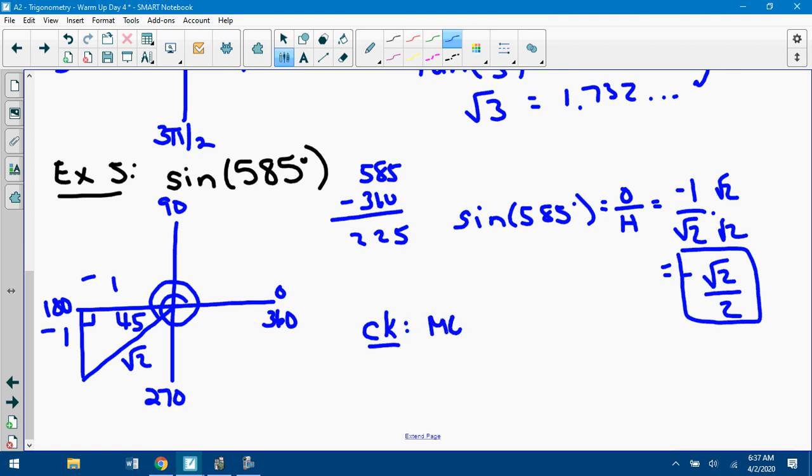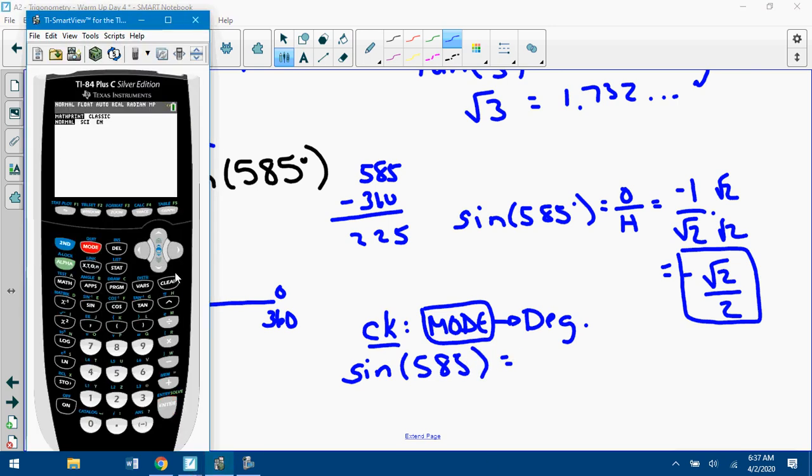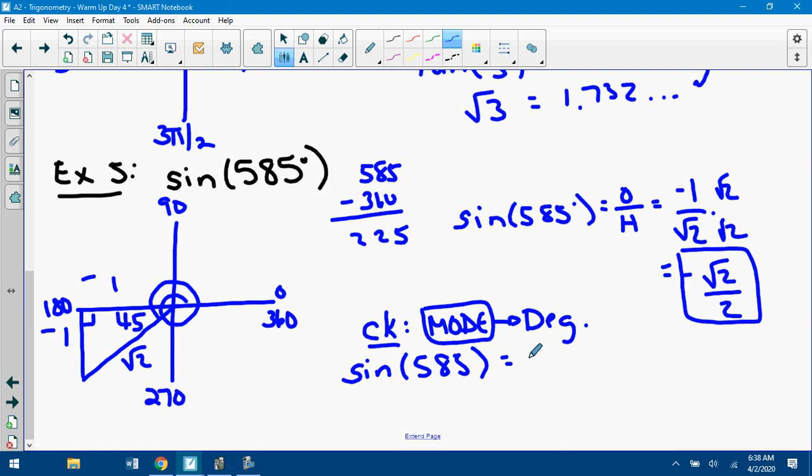What mode? 585 is degrees, so we're back to degree. Then we're going to type in sine of 585 to see what we get. So mode, back to degree, and sine of 585, negative 0.707.